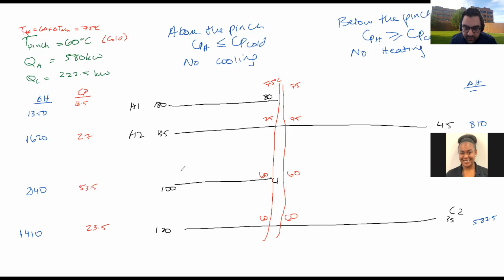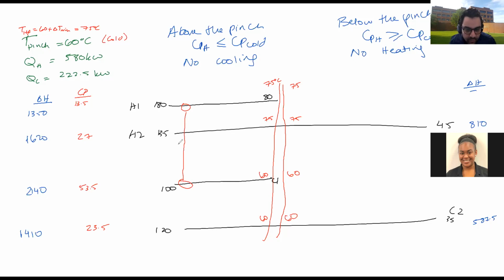So I'm going to draw my first heat exchanger for the system. I have a heat exchanger here connecting the first hot stream to the first cold stream. And how much energy is this heat exchanger transferring? This hot stream has 1350 kilowatts to give, and this cold stream needs 2140.